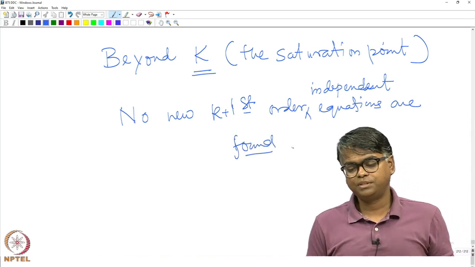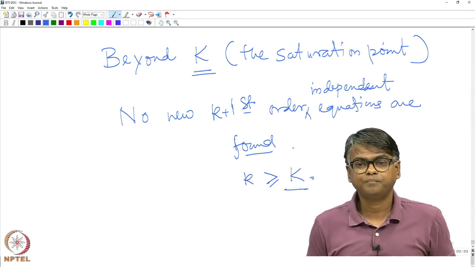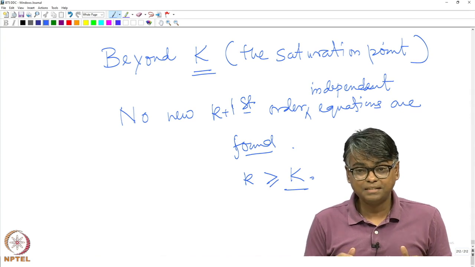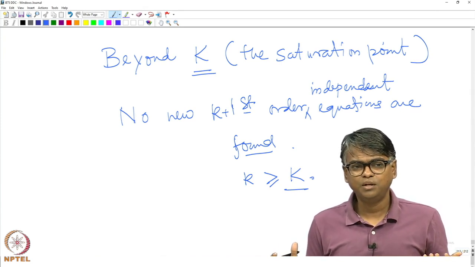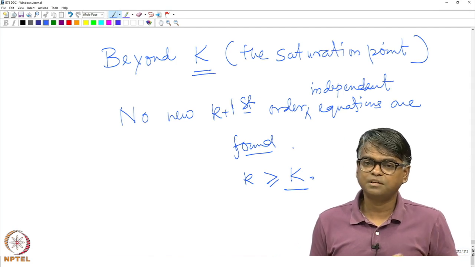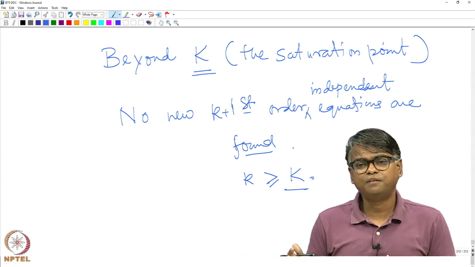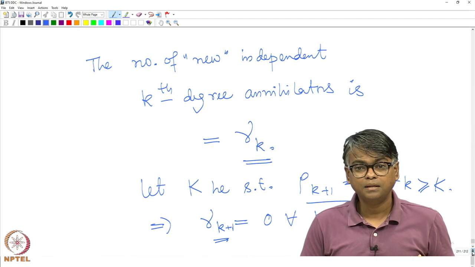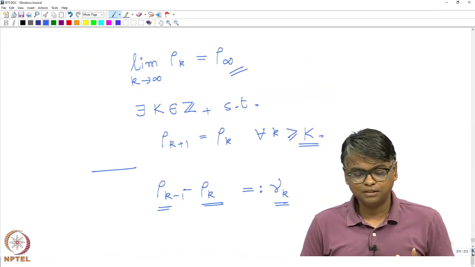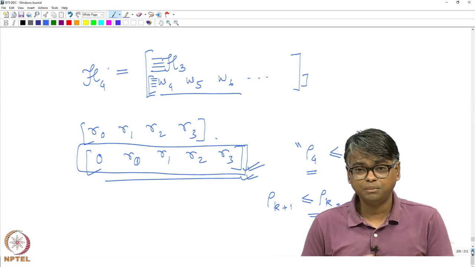No new k plus first order independent equations are found for k bigger than or equal to capital K. So, that means I can stop my search, because there are no more new independent equations to be found. All the equations have been found from before, and the new higher order equations are just shifted versions of my earlier equations, right. That would mean that I can stop my search and find out my kernel representation of the MPUM from there, and this will also imply that this will be the MPUM.